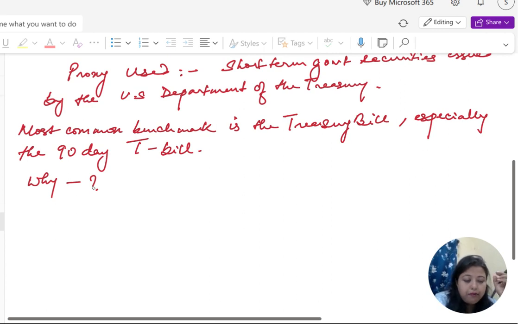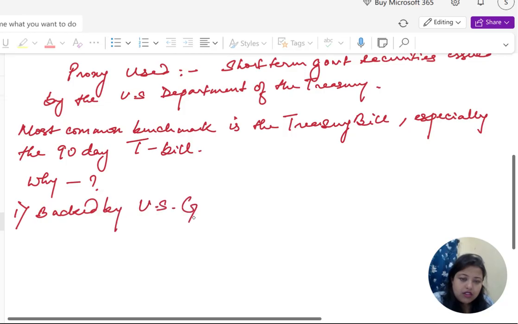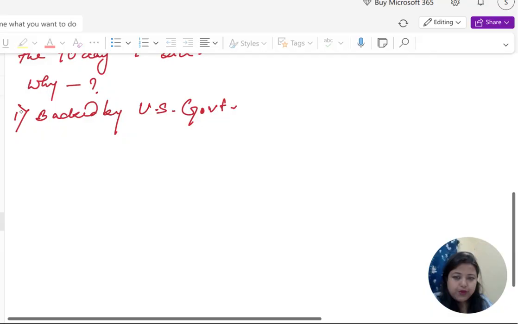But why? Because it's backed by the US government. First point, backed by US government. Are you writing it down? These are very important points, please write it down.